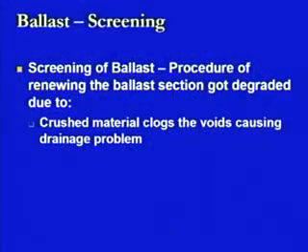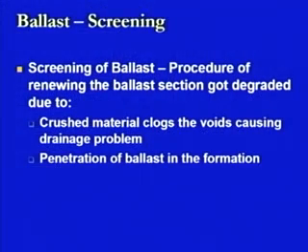Now, there are certain reasons due to which the ballast section gets degraded. One is that the crushed material clogs the voids, causing drainage problems. Because there is a continuous hammering action from the top, the material gets reduced to smaller sizes, and slowly the voids get clogged by the smaller particles, and when the voids are clogged, the water cannot be drained out.